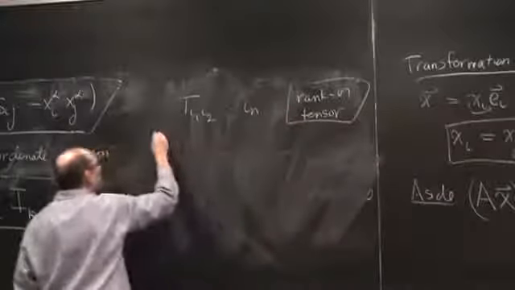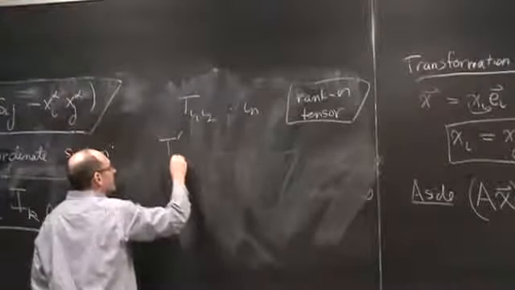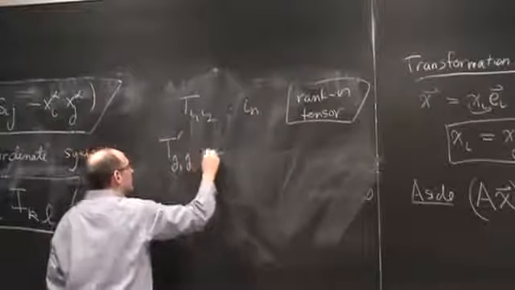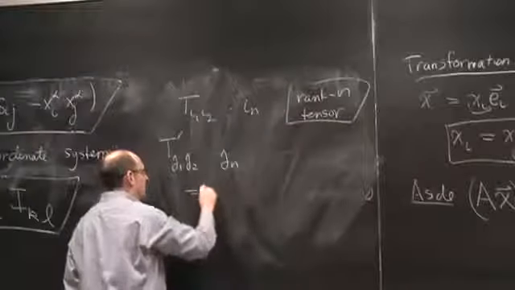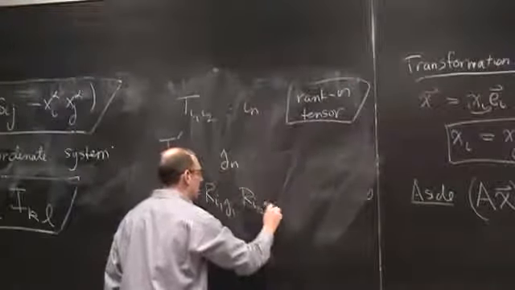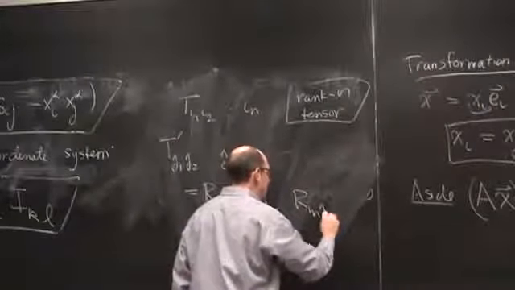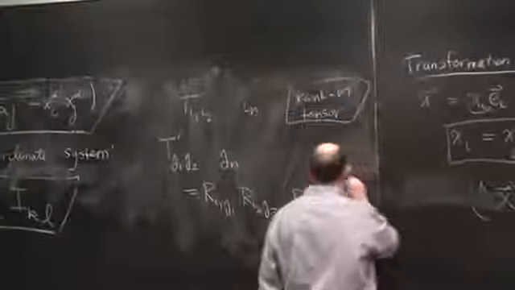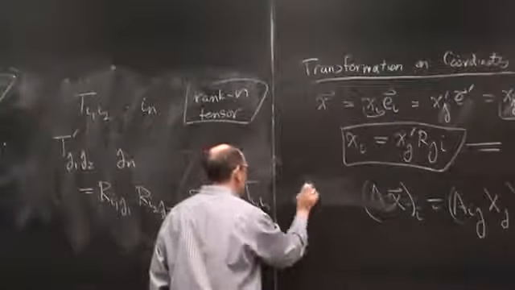Then in a new coordinate system, I'd have J1, J2. I have all the n indices: R_{I1 J1}, R_{I2 J2}, and so on up to R_{In Jn}, times T_{I1 I2 ... In}.